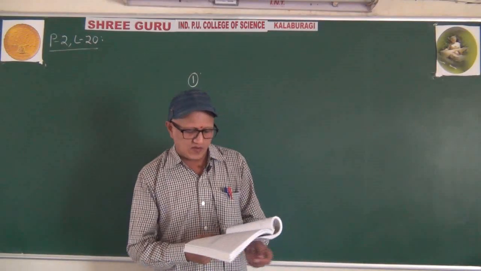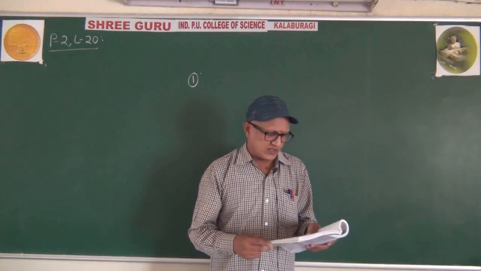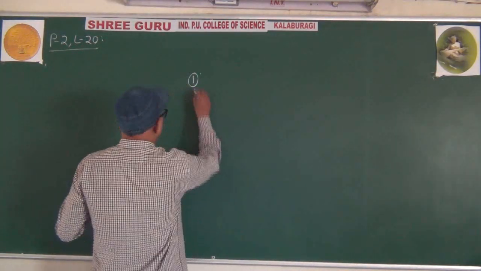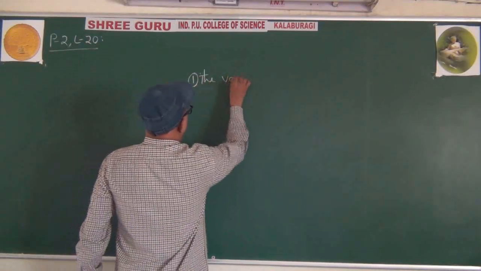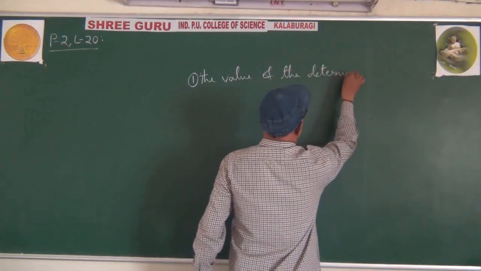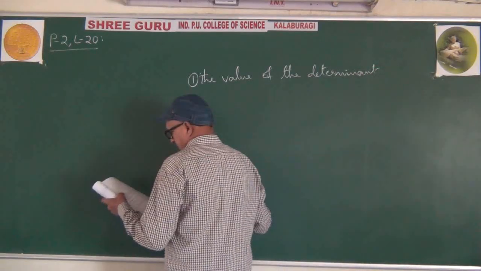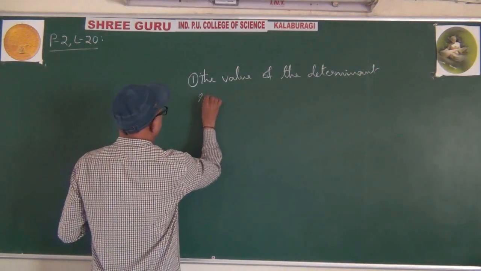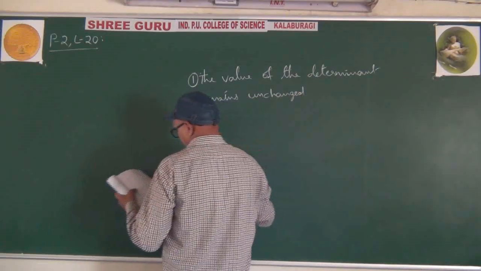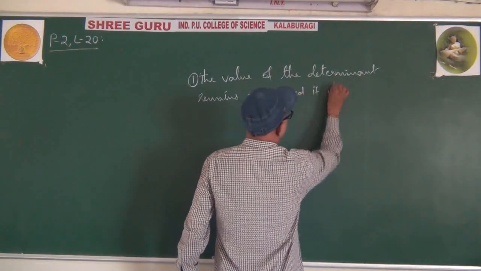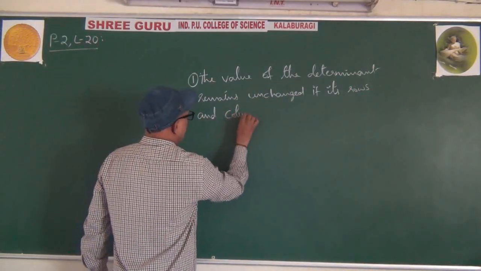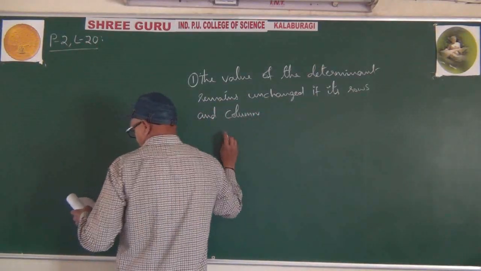First property: the value of the determinant remains unchanged if its rows and columns are interchanged.